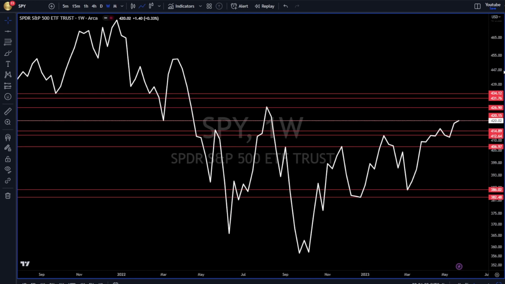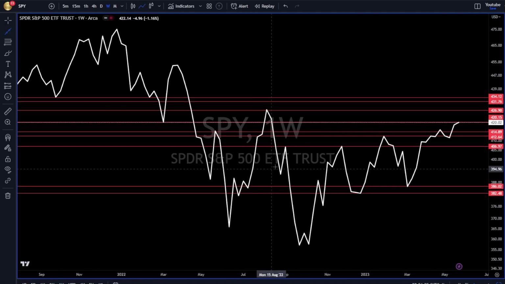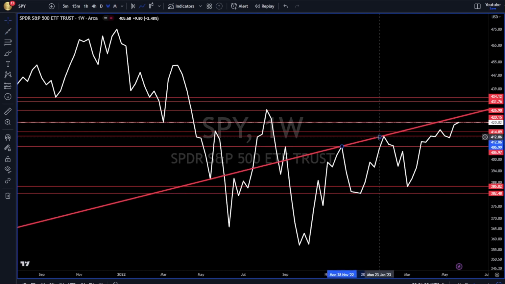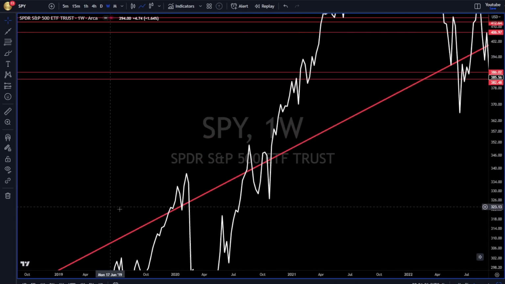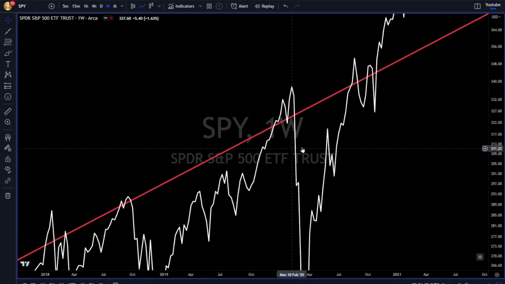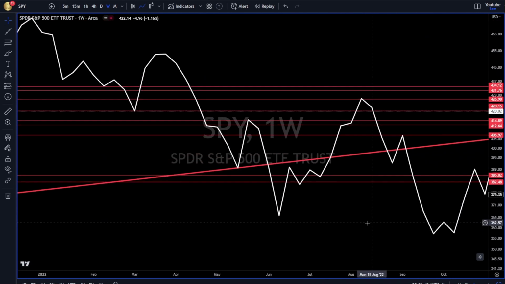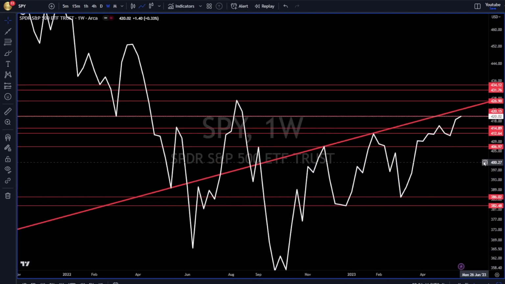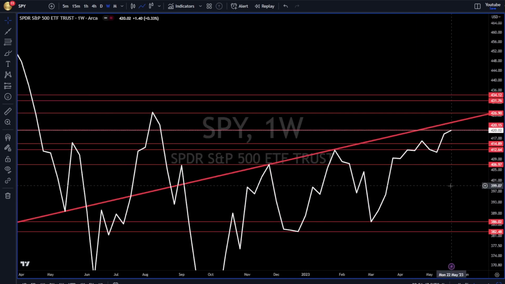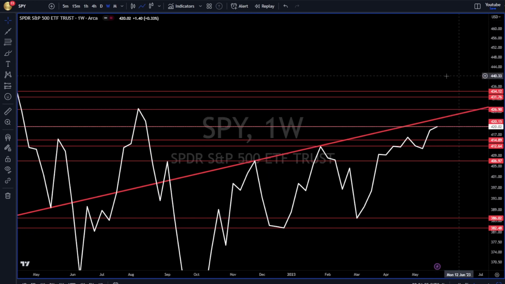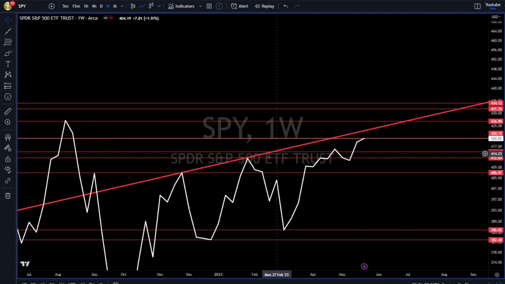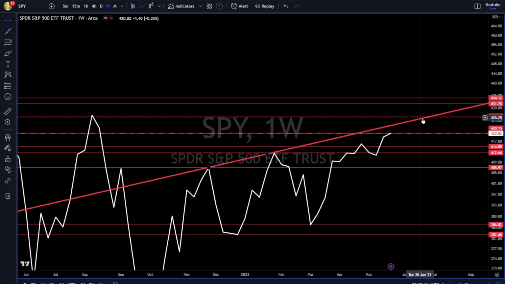Now we can also take trend lines. High, high, resistance, resistance, support. Go back, support, resistance, resistance. Trend lines are the true support and resistance for price action, and they are also the roadmap for future price action. And as long as the SPY makes higher highs, even below this trend line, we are in an uptrend.